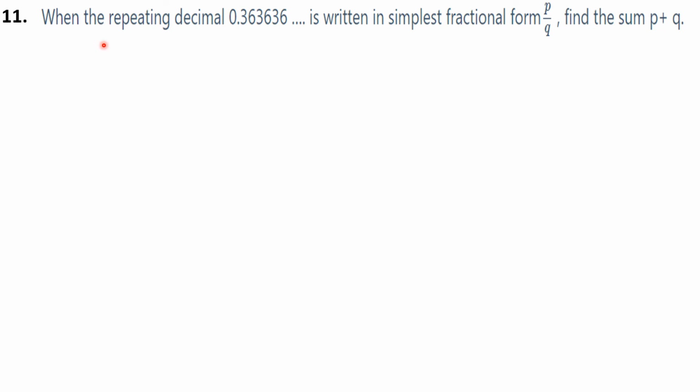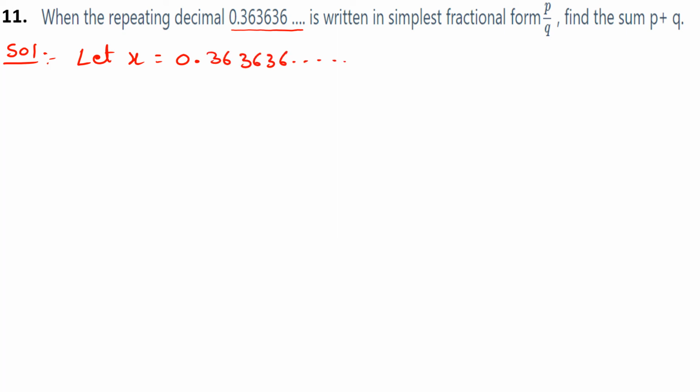Question number 11. The repeating decimal 0.363636 and so on is written in simplest fractional form p by q. Find the sum p plus q. Okay, so let us write that solution here. Let x equal 0.363636 and so on.